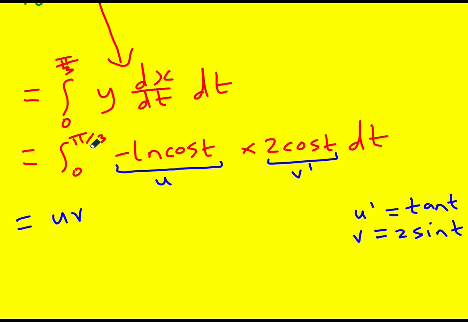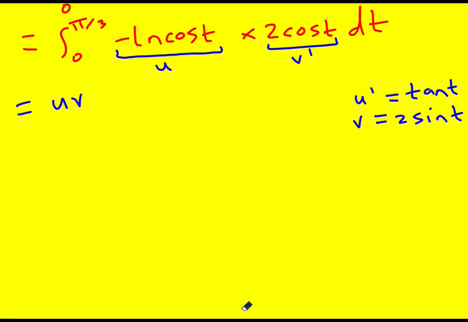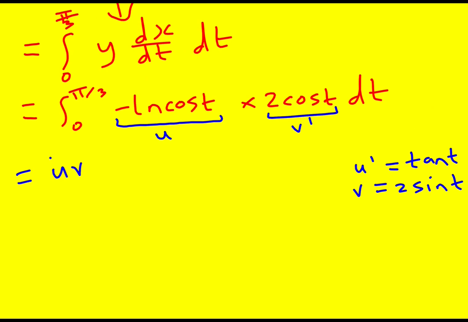Now I've gone straight for using the limits. You could ignore that and put them in at the end. Sometimes it depends how complicated an integral is as to whether I do that. So it's going to be tan t and then 2 cos t, oh sorry, 2 sine t.